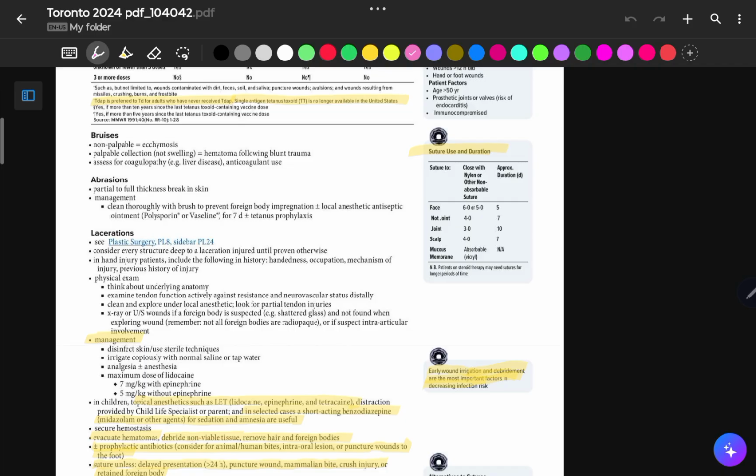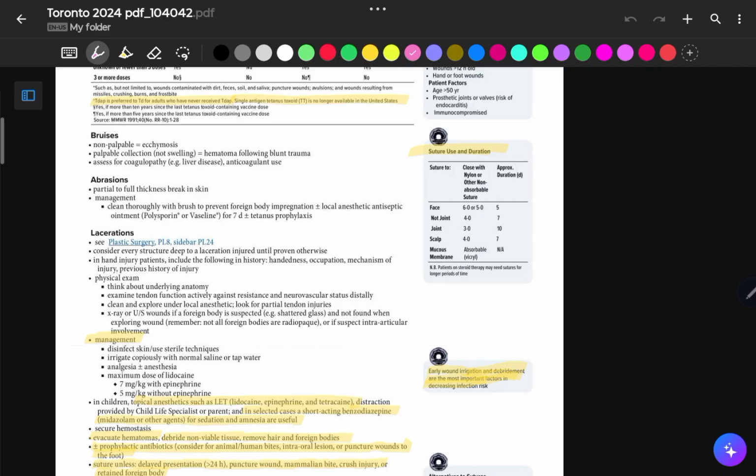It might have involved other anatomical structures. So you need to examine tendon function actively against resistance, and also examine neurovascular status distal to the injury, just to make sure there is no other anatomical involvement.